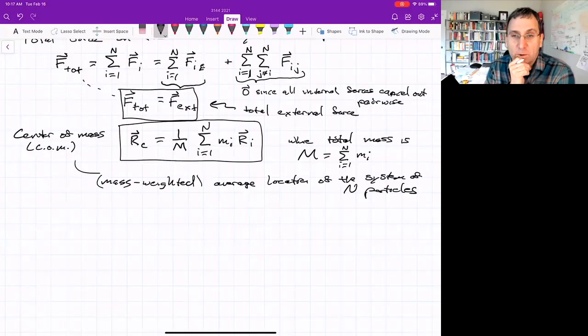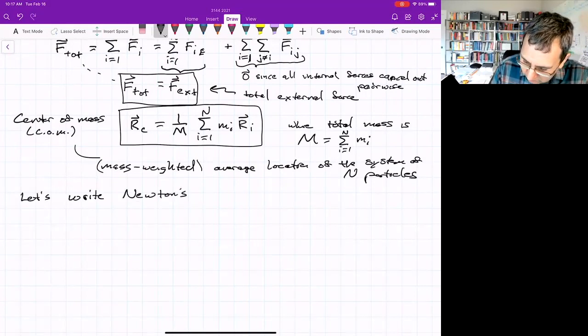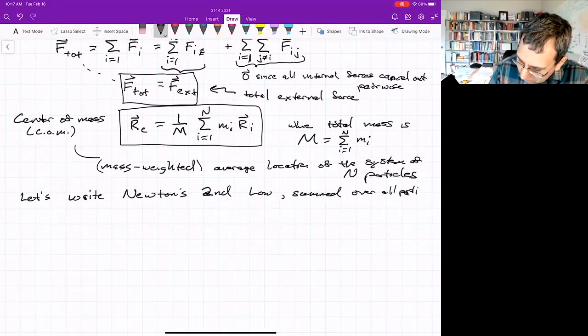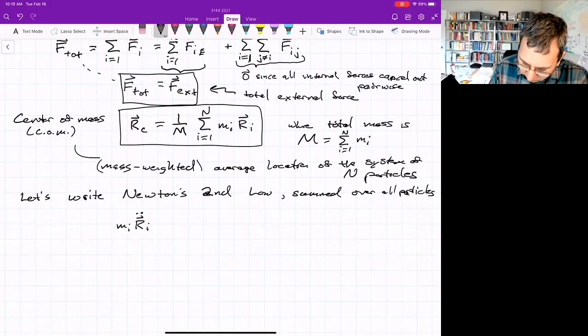We can now write Newton's equation of motion for the system if we want. Why are we doing this? Let's write Newton's second law summed over all the particles. I wrote up there that each particle obeys Newton's law.